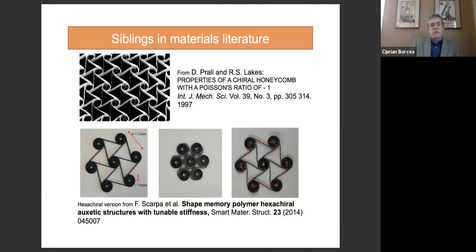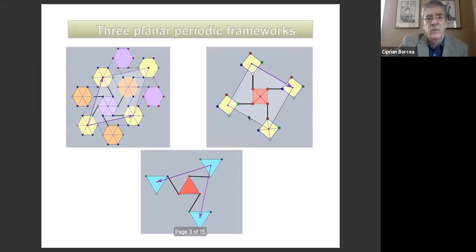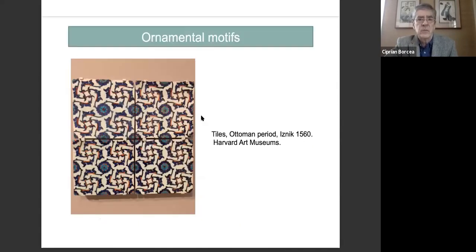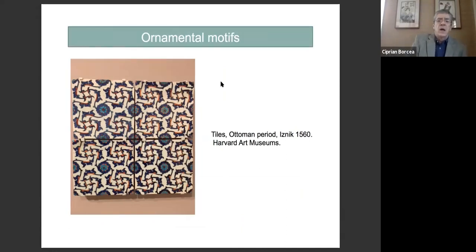I bring this up because all three structures considered here have been made and studied alongside this pattern. So the pattern itself is not of recent date.